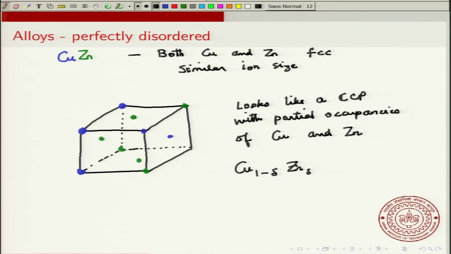So, you can get alloys with different structure, but also you can get intermetallic compounds.